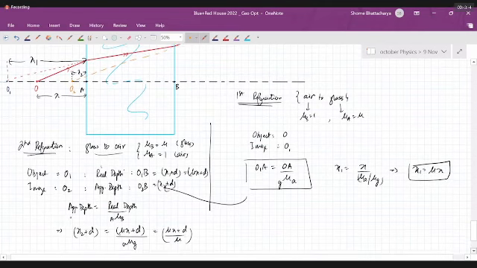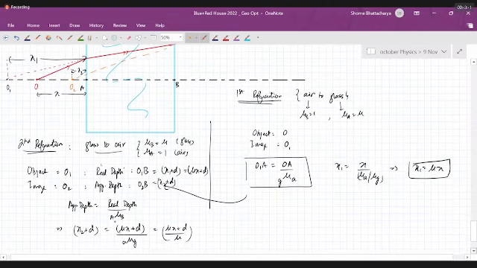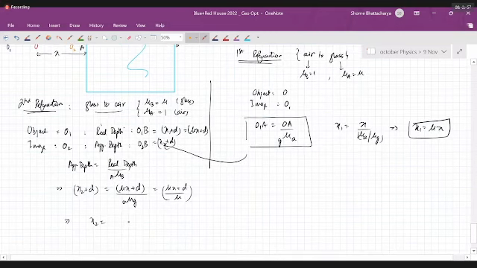So from this now we can see that x2 is equal to x plus d by mu minus d.